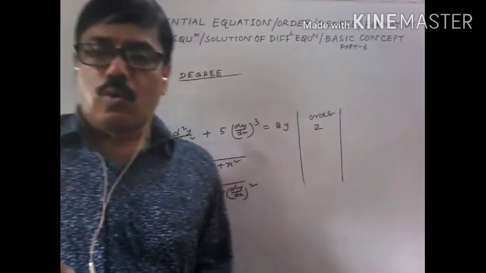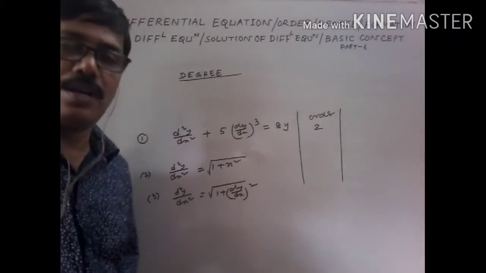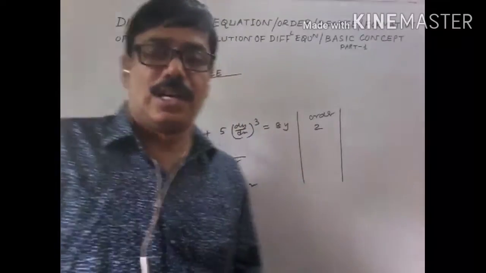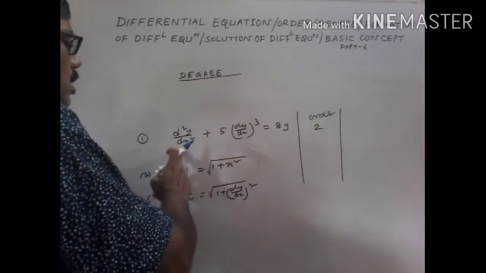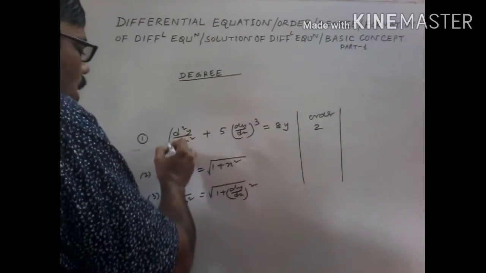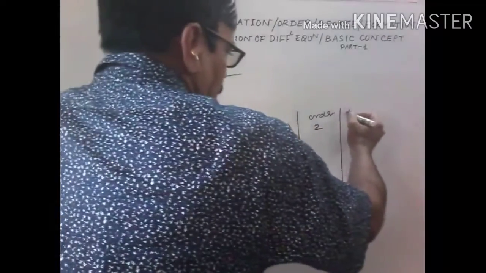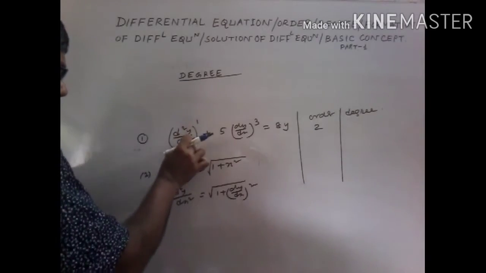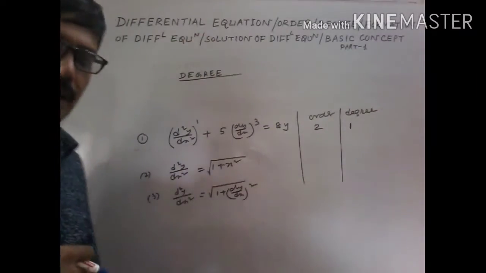Now the degree of a differential equation is the degree of the highest order derivative. Look, for this example the highest order derivative is 1. So what is the power or degree? The highest order derivative occurs here, and the power is 1. So degree is 1.